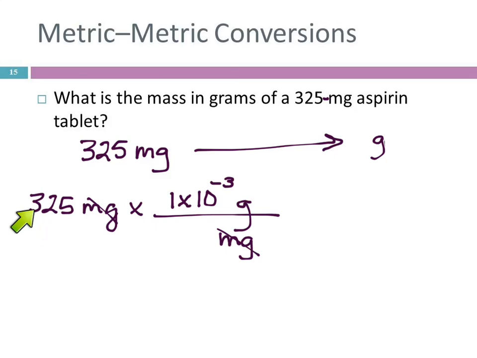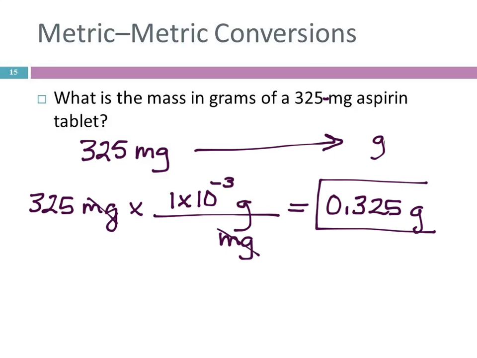So to do this then, we've got 325 times 1 EE, change sign 3. And we're going to end up with 0.325 grams. Any questions?